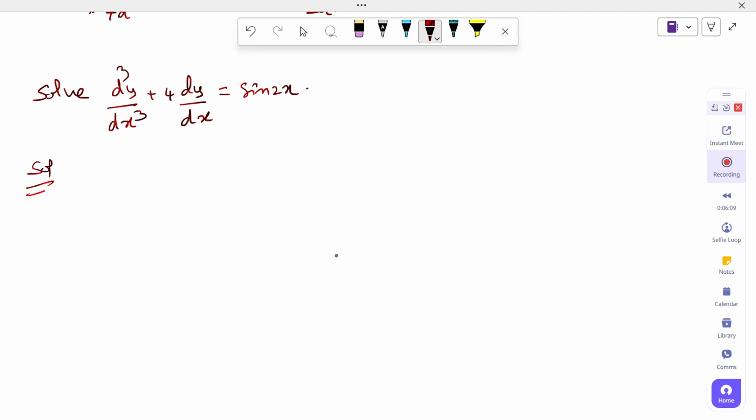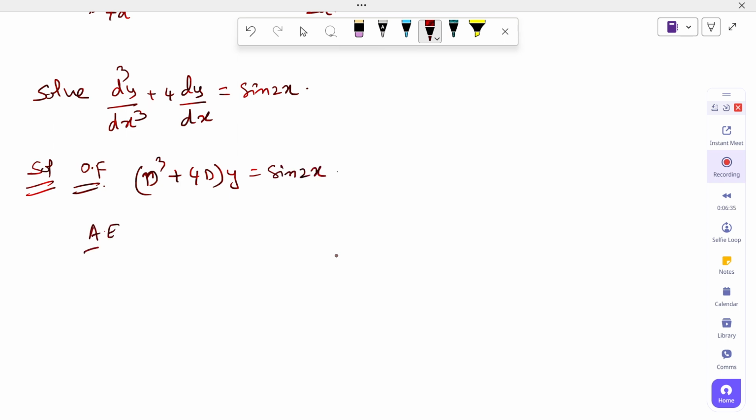The given problem is in operator form, so first you have to write it into the operator form: (D cube plus 4D) of y is equal to sine 2x.